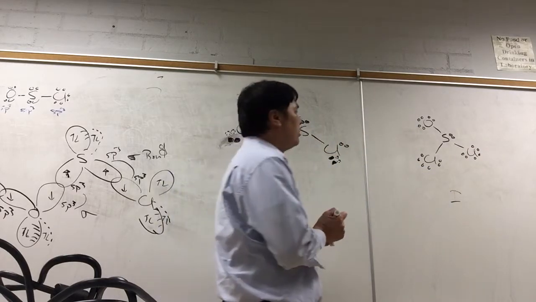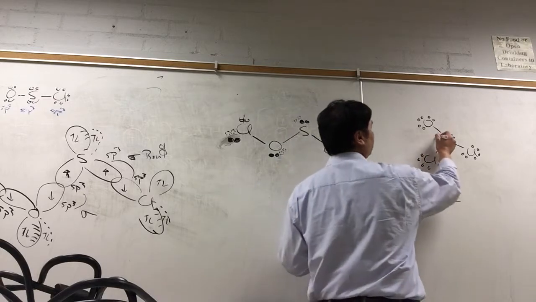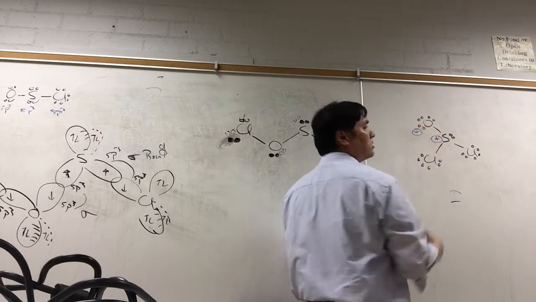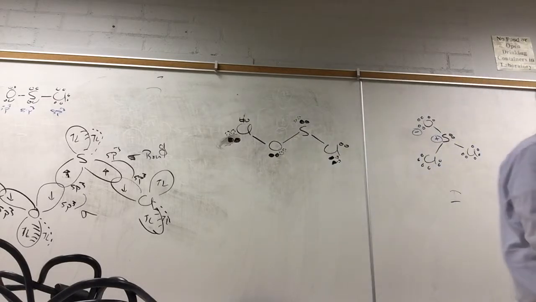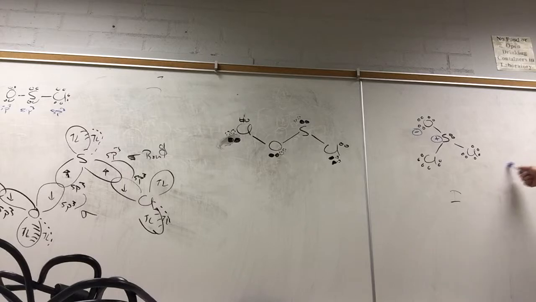But the problem with this one is the formal charge. Sulfur is going to be short an electron, oxygen has an extra electron. Normally we try to minimize the formal charge by expanding the octet and forming multiple bonds. Sulfur is capable of doing this, right? For sulfur, we can expand the octet and form multiple bonds. But let's do the analysis for both structures.